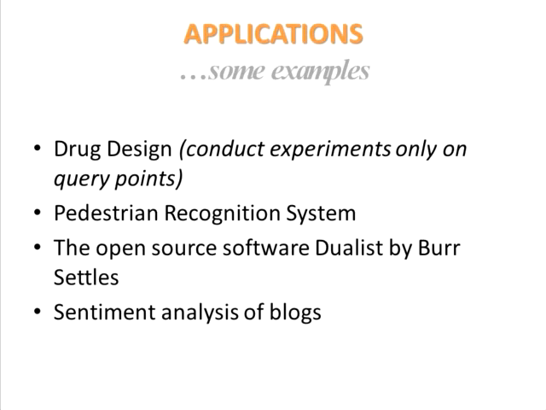If you think that a particular compound does something, you can't just go ahead and conduct experiments on all the compounds, because the entire experimental setup is difficult. Getting the label is difficult, and it's also expensive. So you again want to query intelligently and perform the query only for a certain number of unlabeled instances. This has been used in pedestrian recognition systems.